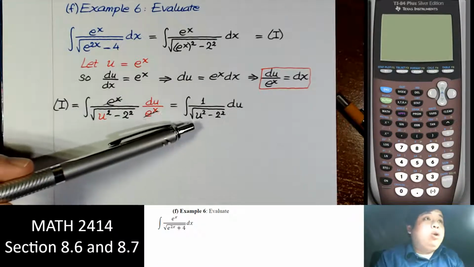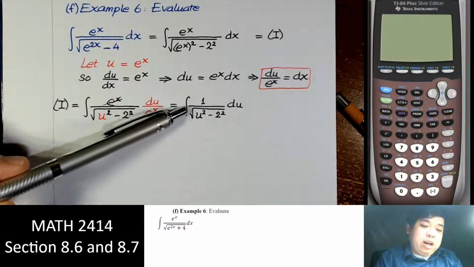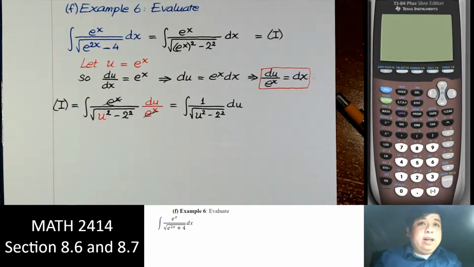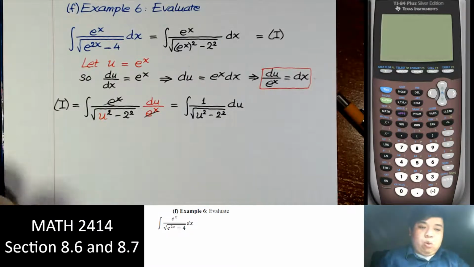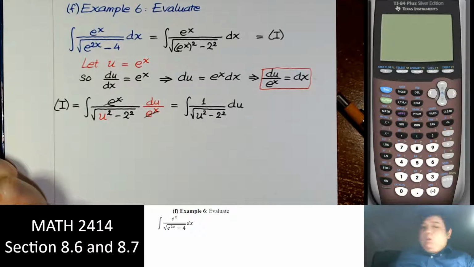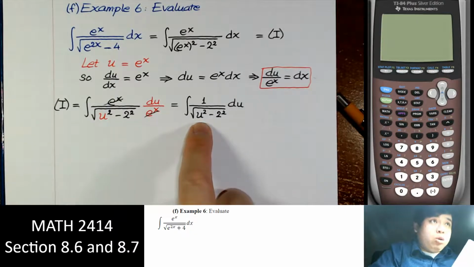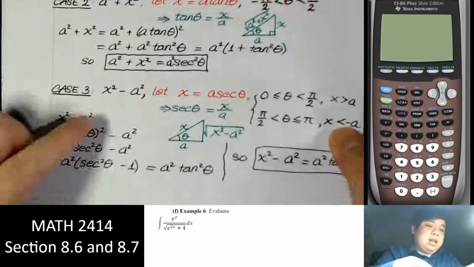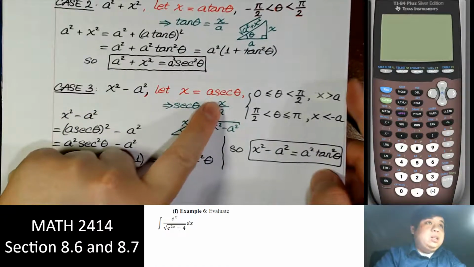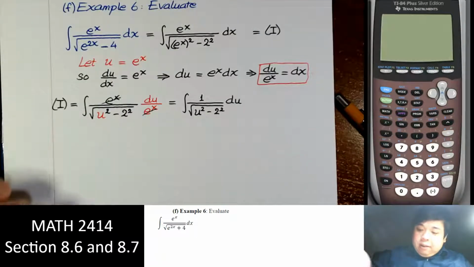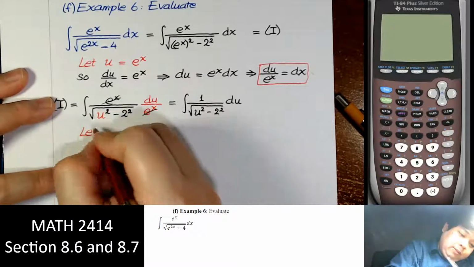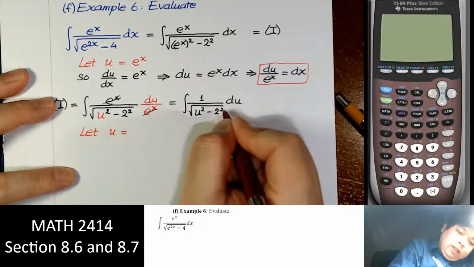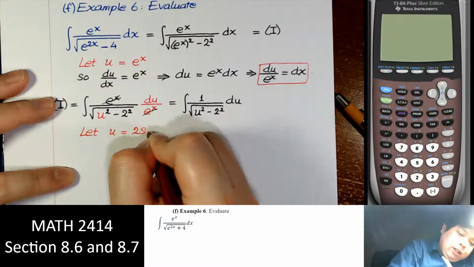Now we're going to use the trig substitution to turn these two terms into one, and that term is a square, and we take the square root, we cancel the square. The substitution we use is variable square minus a constant square. That is case number 3, where we use secant. So another trig substitution: u equal to 2 secant theta.